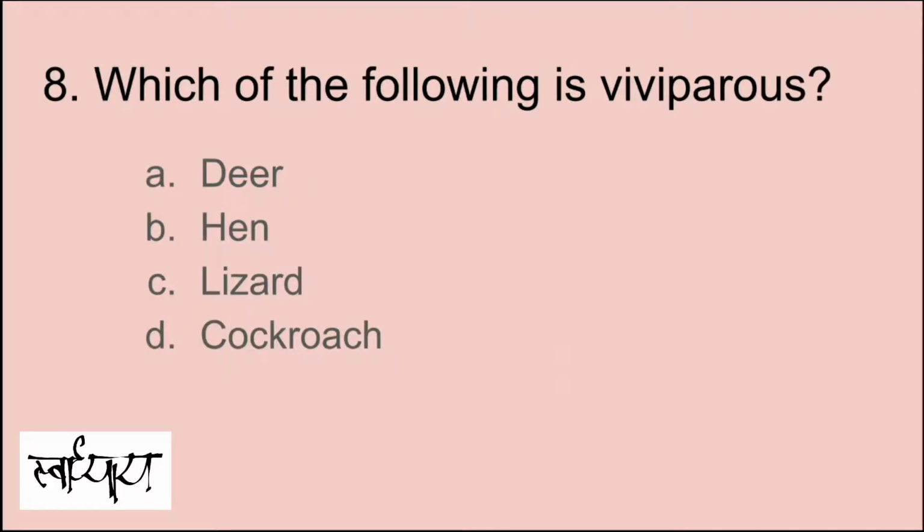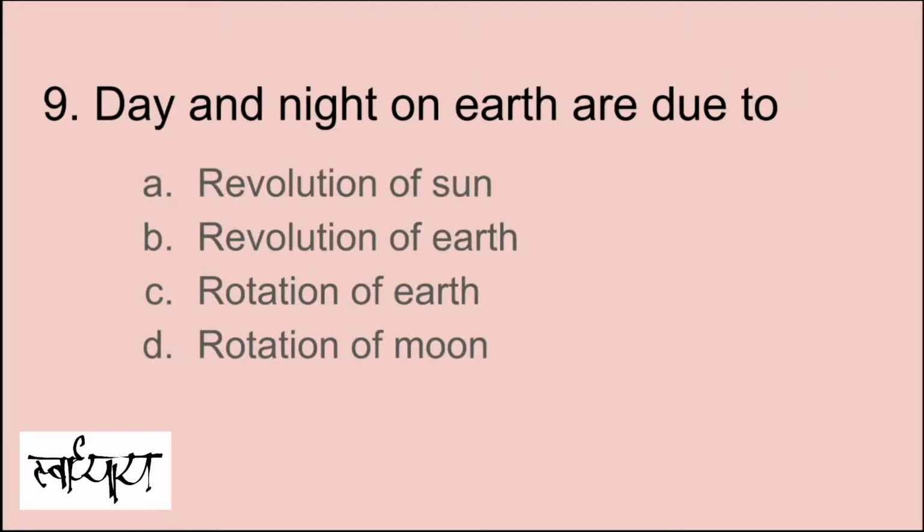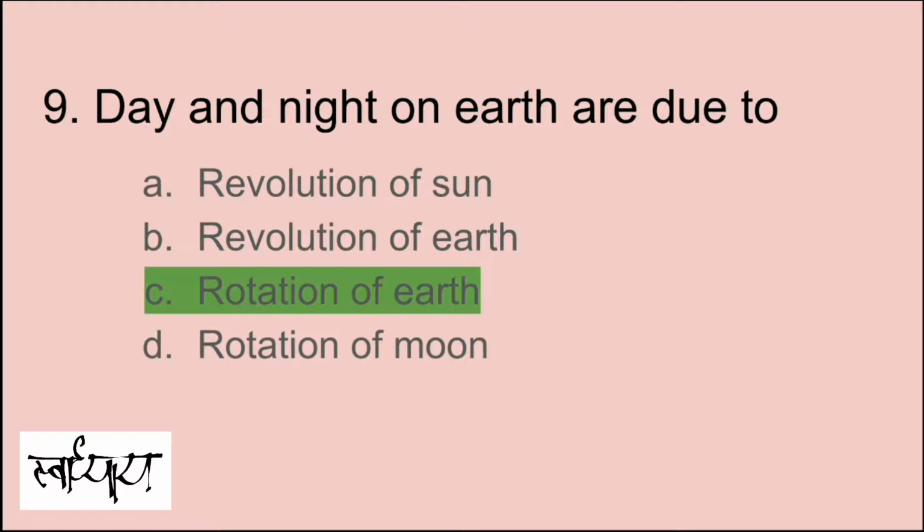Which of the following is viviparous? Answer D. Deer. Day and night on Earth are due to Answer C. Rotation of Earth.